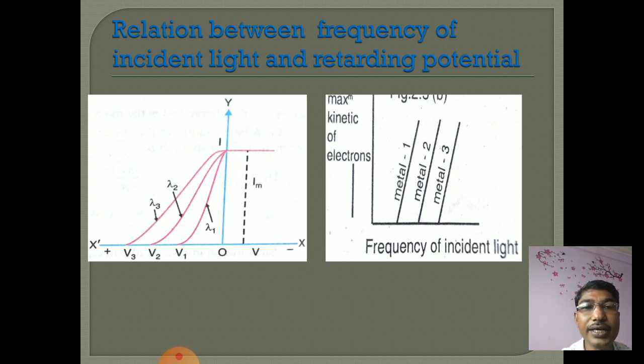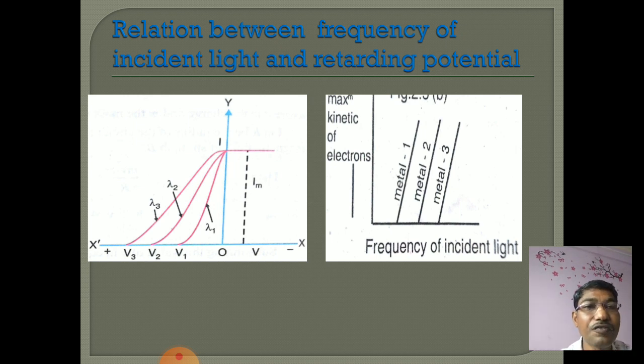We notice that there are three different stopping potentials, meaning different frequencies of light have different stopping potentials, so the frequency of light is related to stopping potential. It means that the kinetic energy of the electron is directly proportional to the frequency of incident light.